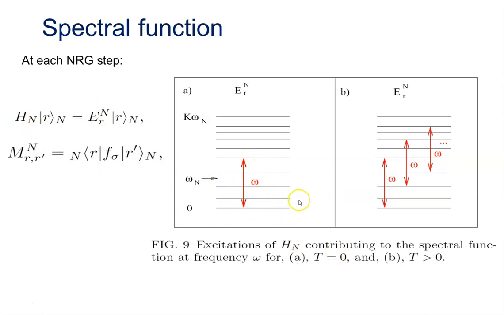So you can calculate the excitations, I mean the matrix elements between these states, and you can write the spectral function, the minus 1 over pi, the imaginary part of the retarded Green's function, in the Lehmann representation.